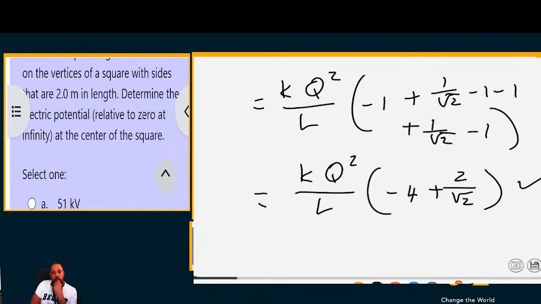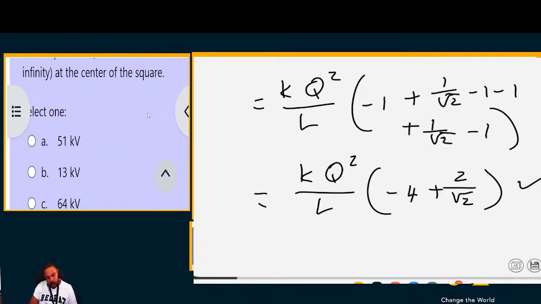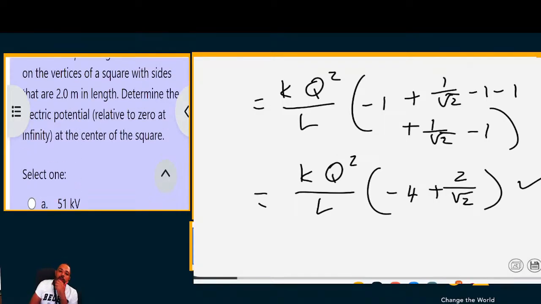Question 13. Let's check question 13. Identical 2-micron charges are located on the vertices of a square with sides that are 2 meters in length.